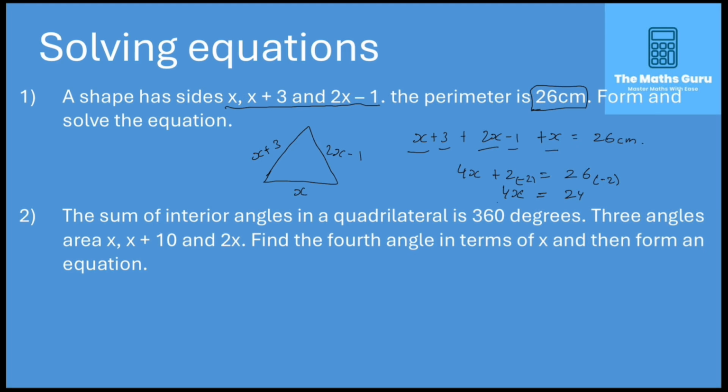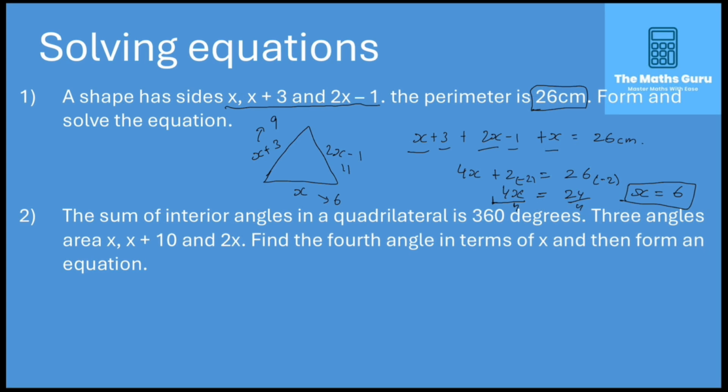Then we divide through by 4, and we get x is equal to 6. Therefore, x is equal to 6 centimeters, which means this side is equal to 6. This side is equal to 2 times 6 minus 1, which is equal to 11. And then we have 6 plus 3, which is equal to 9.